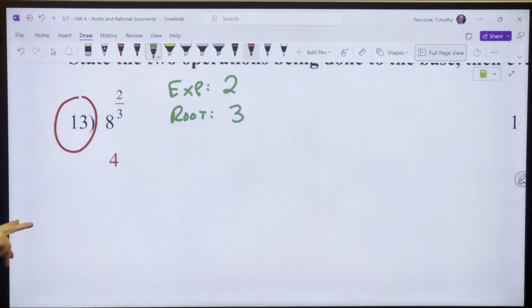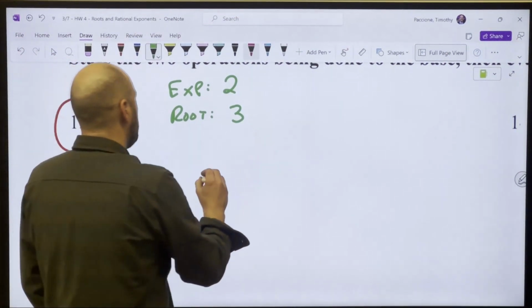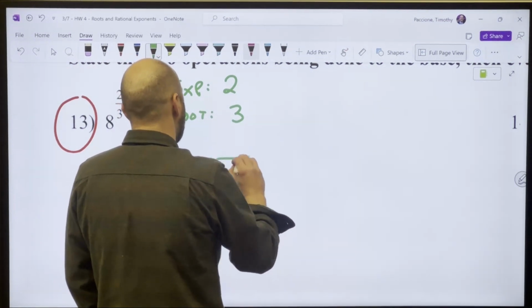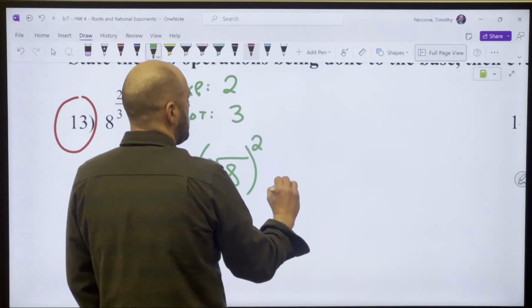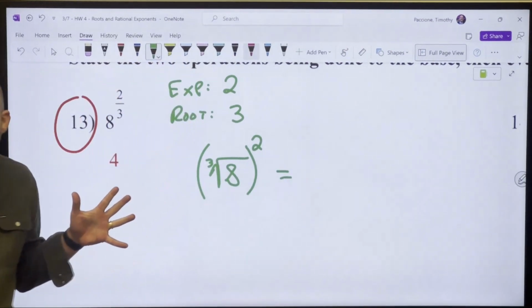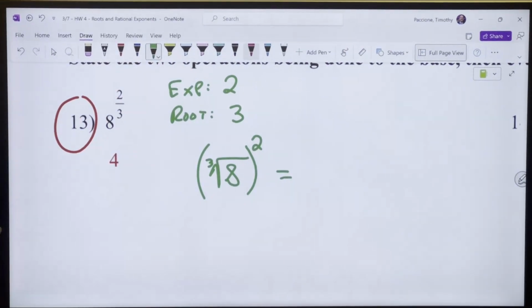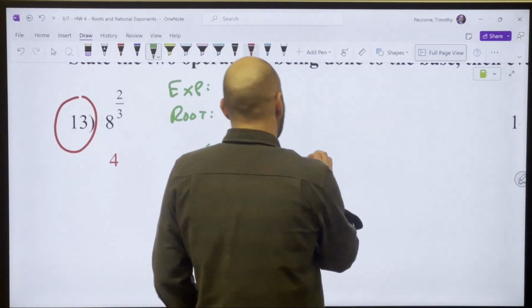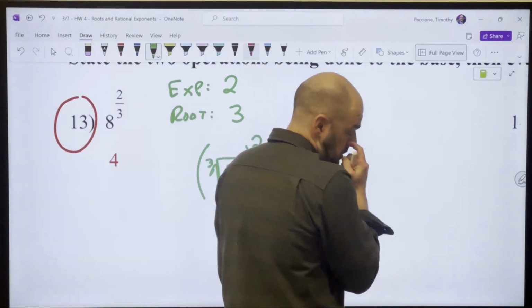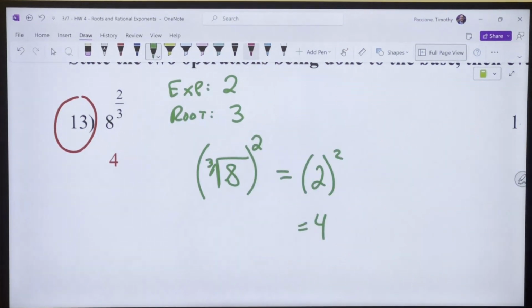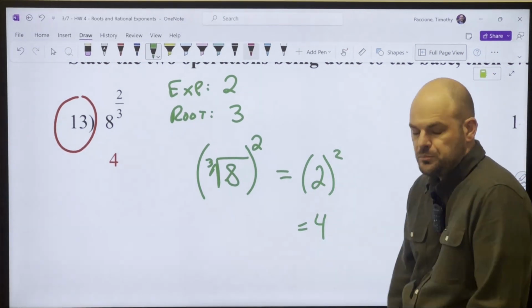So I need to rewrite this in radical form. So I'll say, okay, third root of 8, and then that squared. And then I just think inside out. What is the third root of 8? Or what times itself 3 times gives you 8? 2. So this is really 2 squared, which is 4. So that's your process for any of those problems, okay? Find the root, then take it to the exponent.